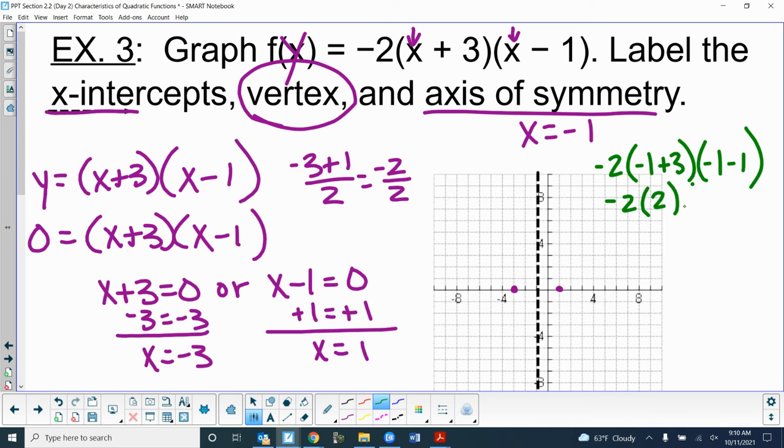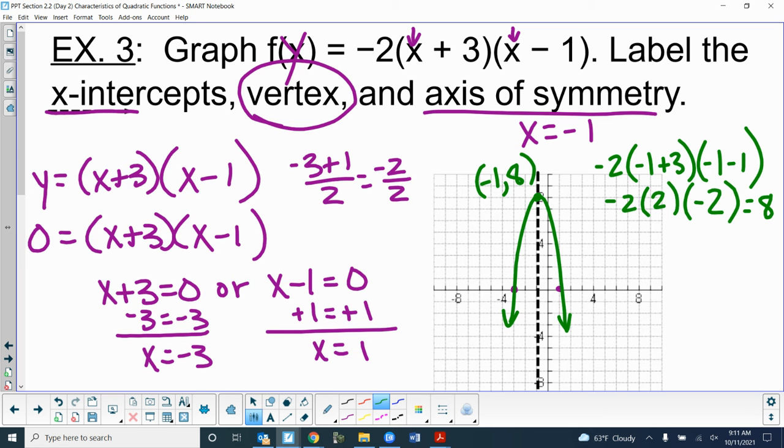What's negative 1 minus 1? Negative 2. So what's negative 2 times 2? Negative 4. What's negative 4 times negative 2? Positive 8, right? So up here at 8 is my vertex. Negative 1, 8. And then there's my graph.